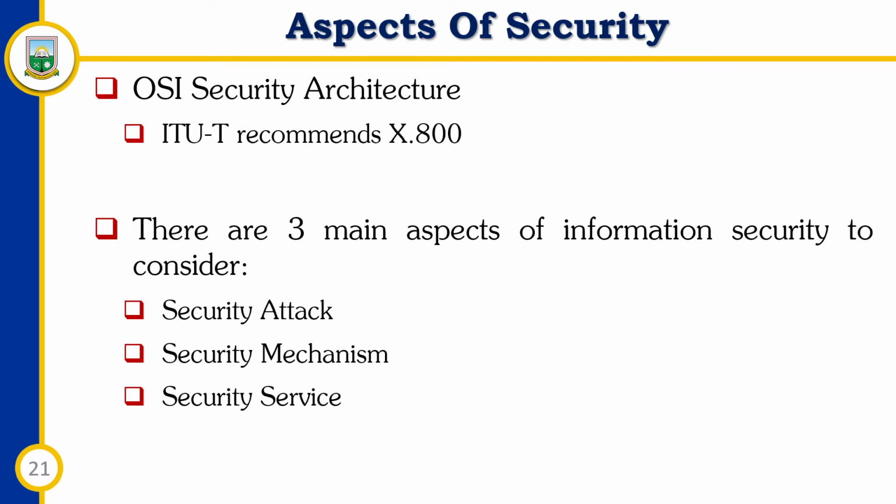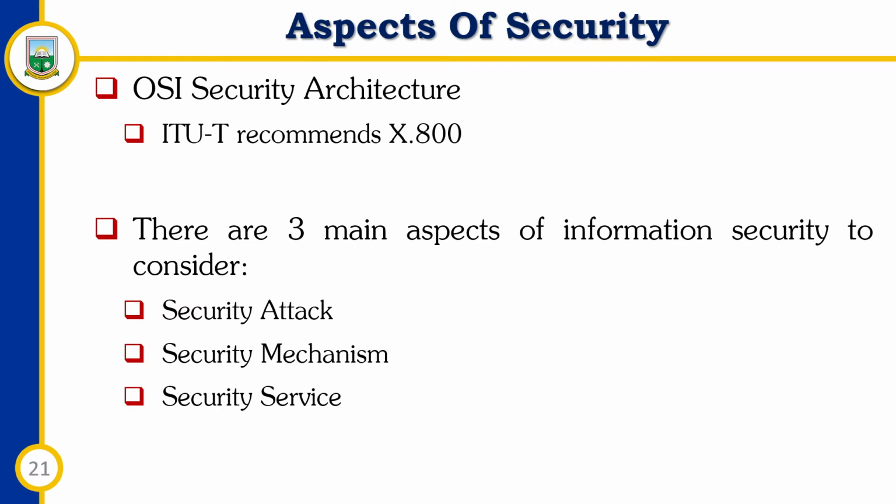And of course, the X800 defines a systematic way of defining and also providing security requirements. So there are 3 main aspects of security in the X800 model that you always have to consider anytime we think of information security. And these are the ones that have been outlined here.